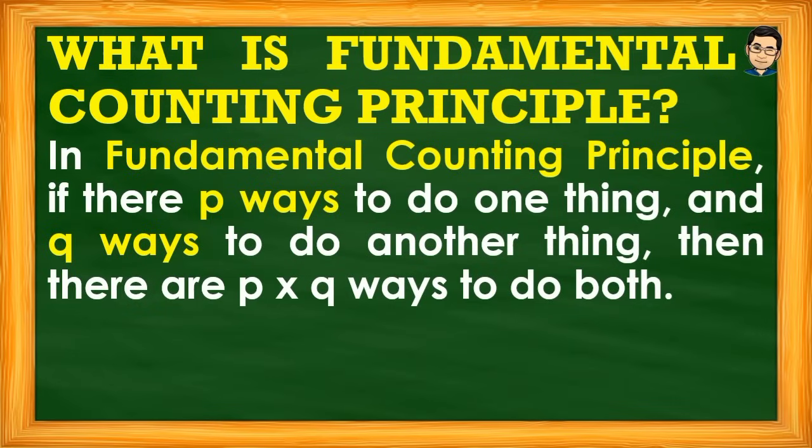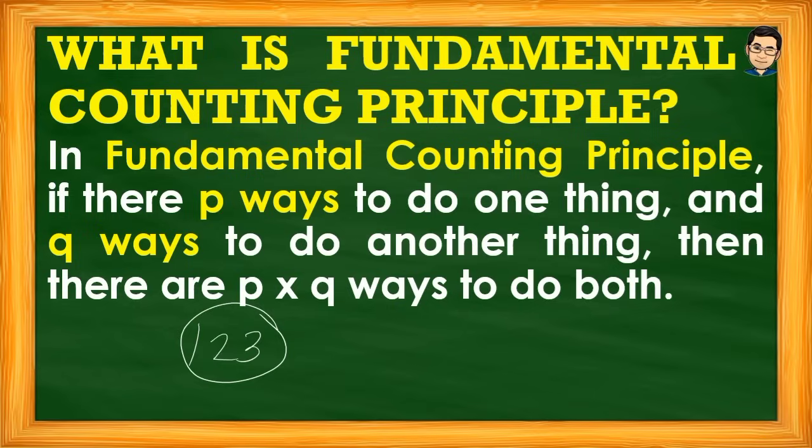So, in fundamental counting principle, if there are P ways to do one thing and Q ways to do another thing, then there are P times Q ways to do both. Okay, like for example, kung inaayos natin yung mga numbers, 1, 2, 3.